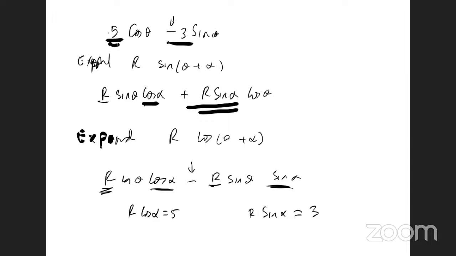Is that okay with that? So what does that lead to? Well, that leads to this. If we have r sine theta plus a cos theta, then the best expression to use will be r sine theta plus alpha.